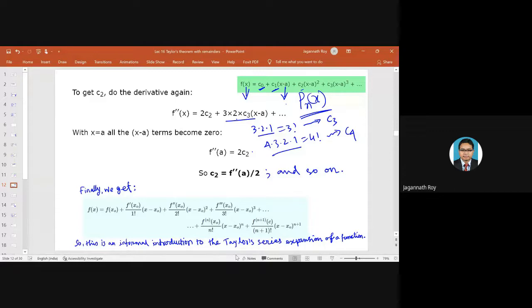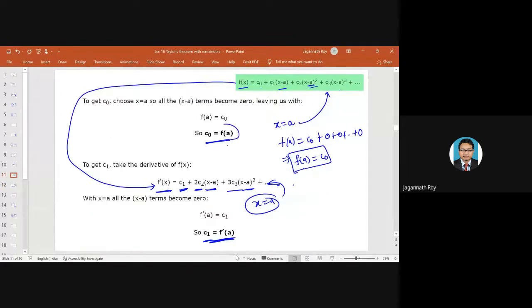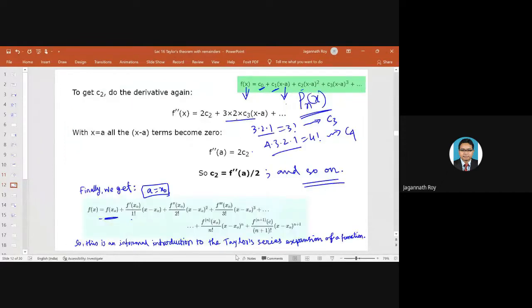In this way we proceed, and the final expression that we can get, if you take a equals x0 and substitute, is the polynomial in this form. Initially f(a), which is c0, then c1 times f dash of a, so this is the c1 value.